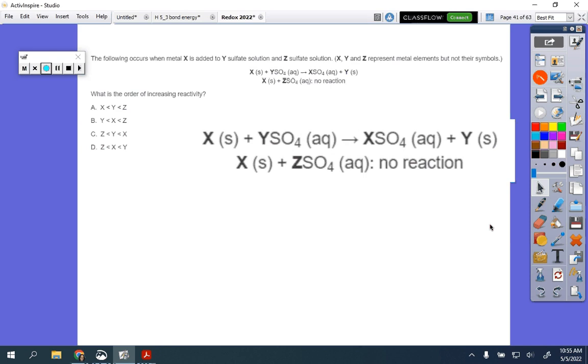This is all you get, but that's all you need. And you can go through this as a process.